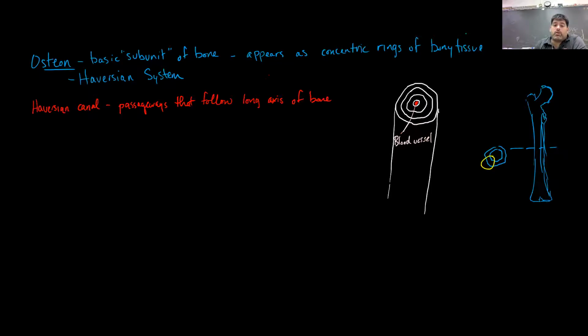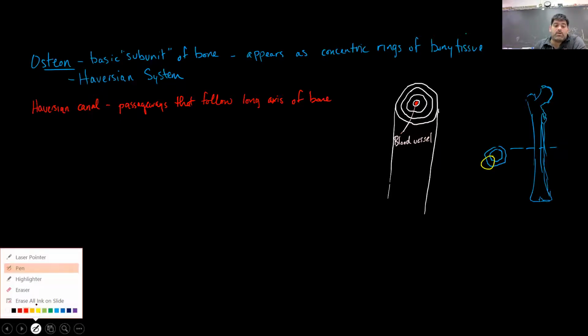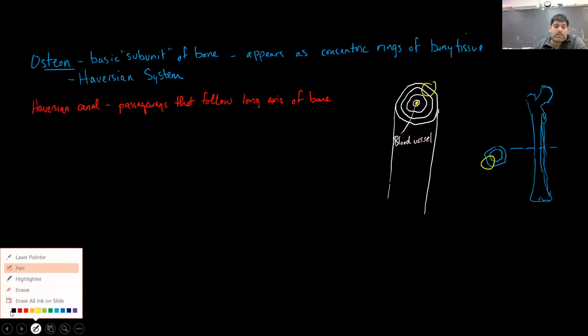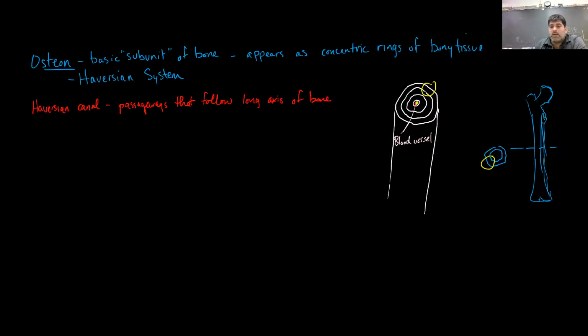If I zoomed way in on these rings, what I would see is that there are little pockets, little spaces that surround the ring. I'm just going to try to draw them a little bigger than they probably actually appear.